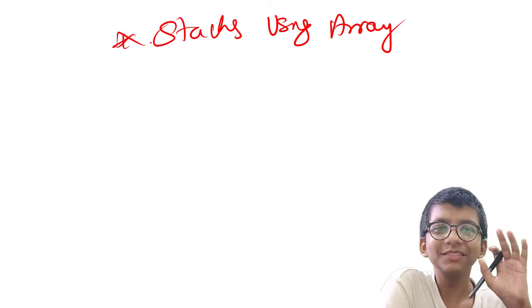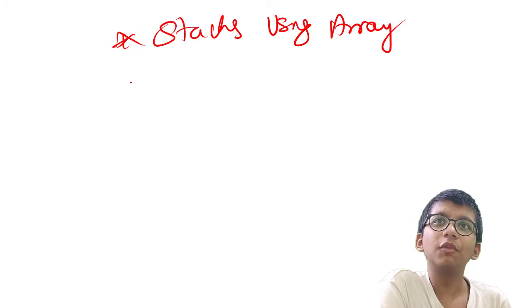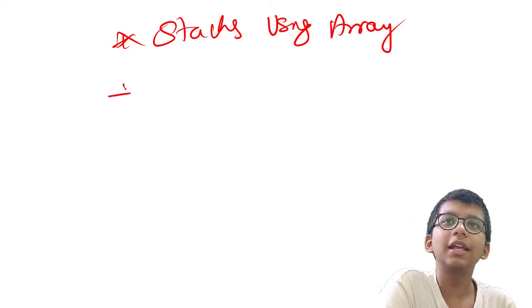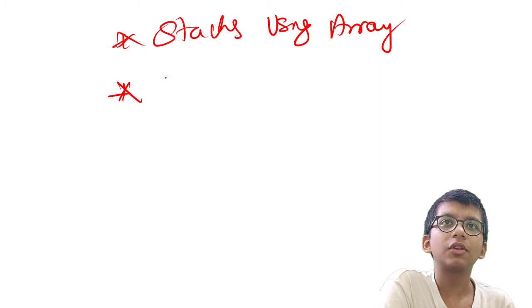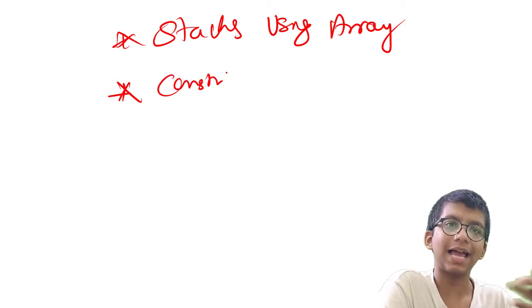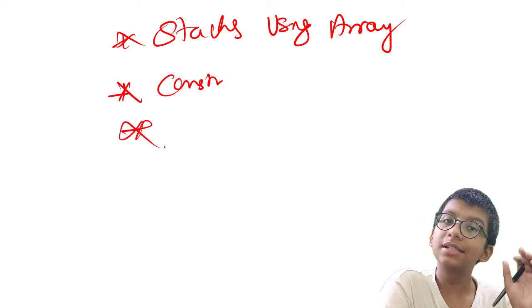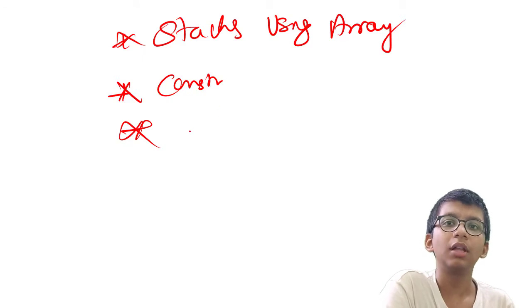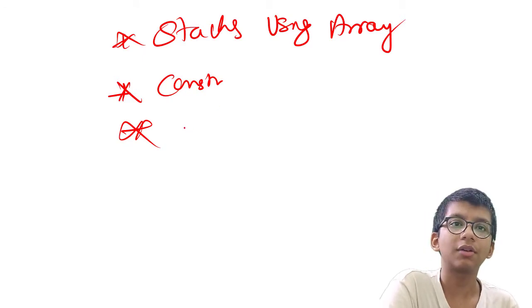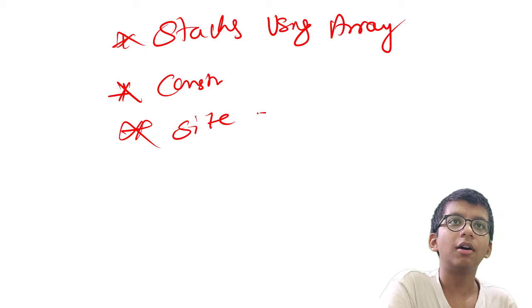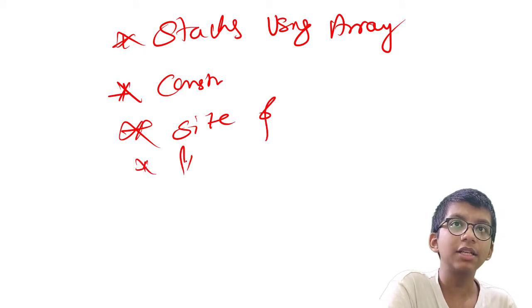What functions will we implement? The first is a constructor which will take a stack as input. The second will return the size of the stack. Then isEmpty, to check whether the stack is empty.